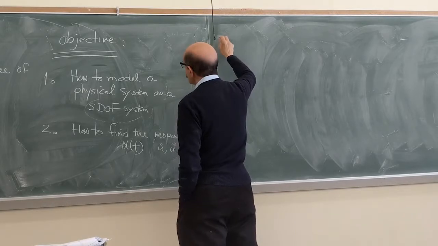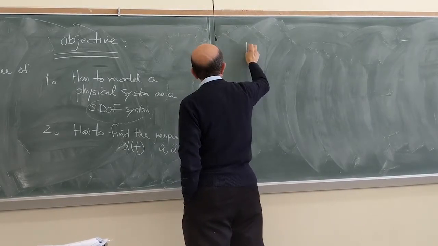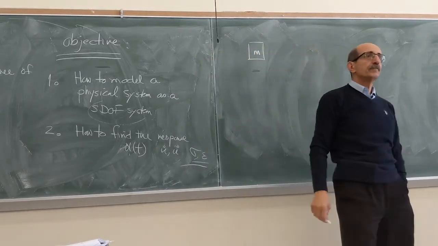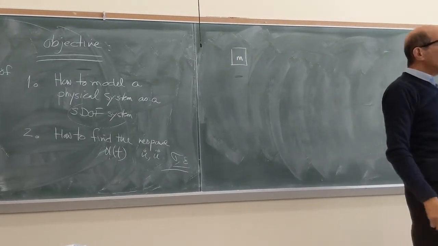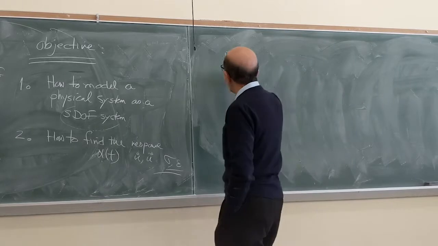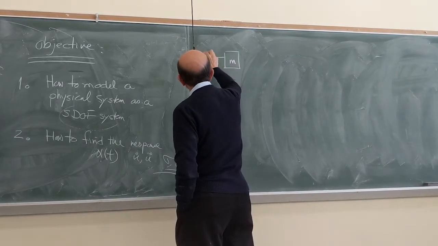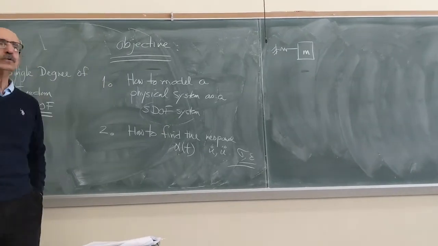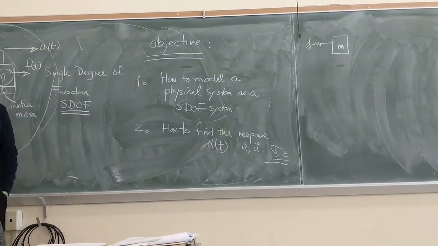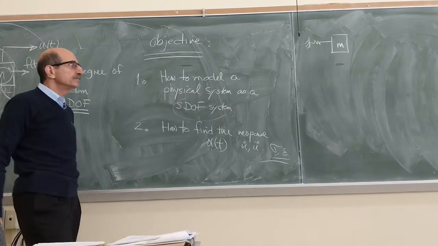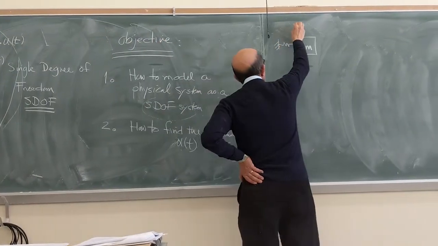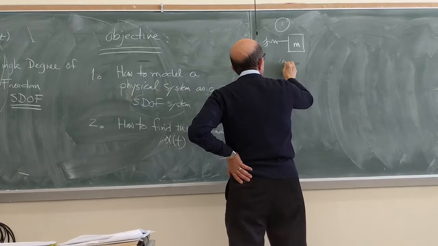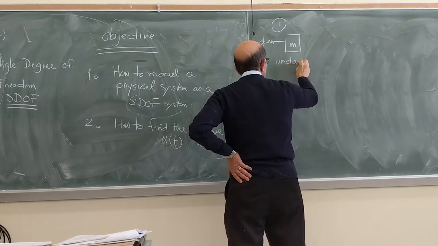We can assume that this innocent looking system does not have the ability, or if it does, that ability is negligible, to absorb energy or dissipate energy. Okay? We call this an undamped system.